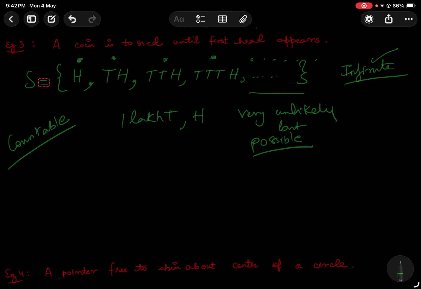There's no restriction again here. It's not that we will get some weird set where we cannot define probabilities. So here as well, all possible subsets is our sigma field.